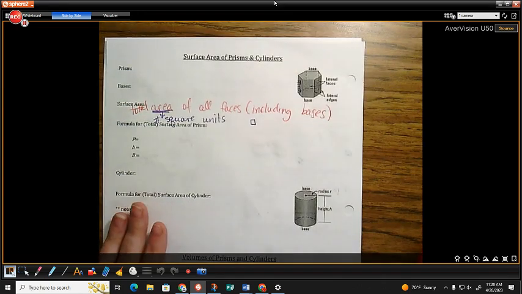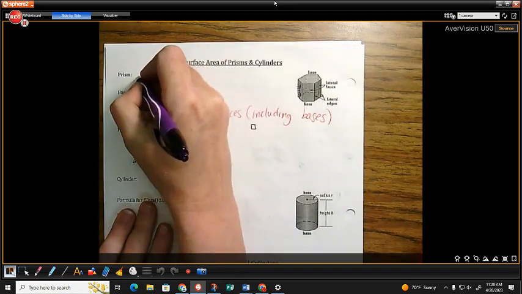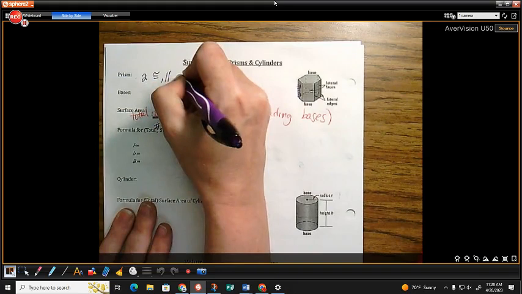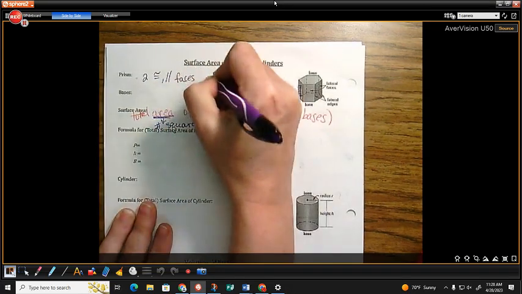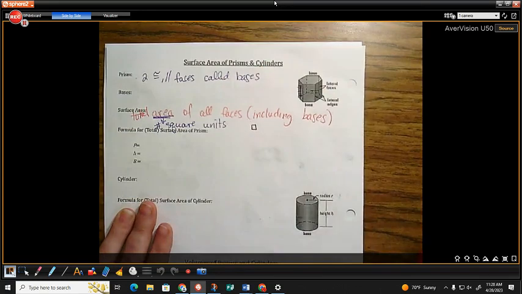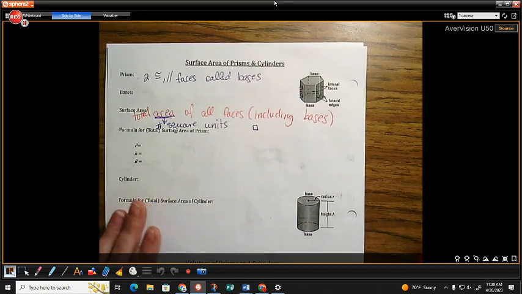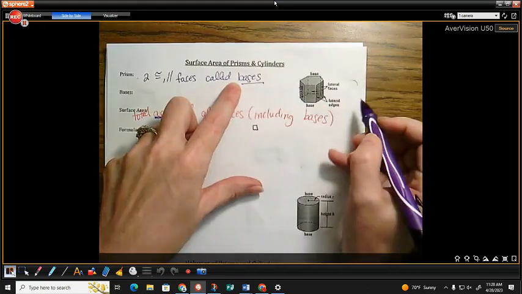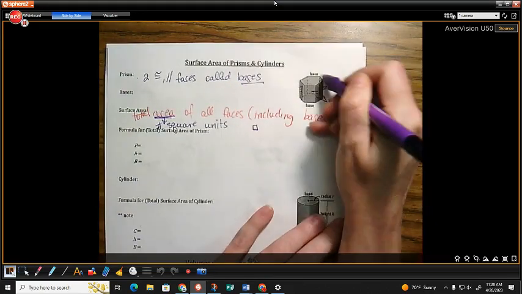Okay? And so for a prism, it's going to be with your two congruent parallel faces that are called bases. You've got to find the area of those two base faces, as well as the faces that wrap around.